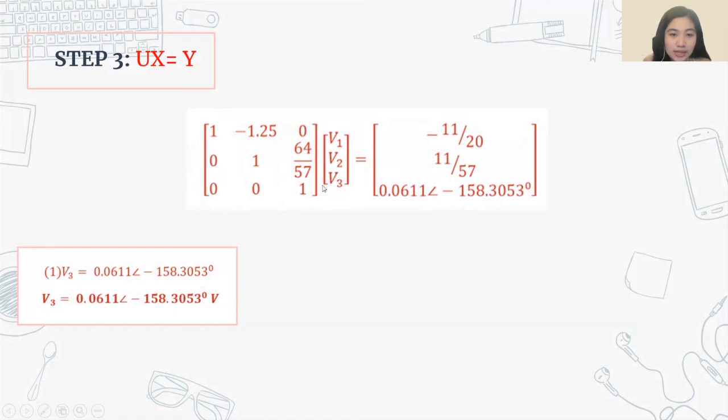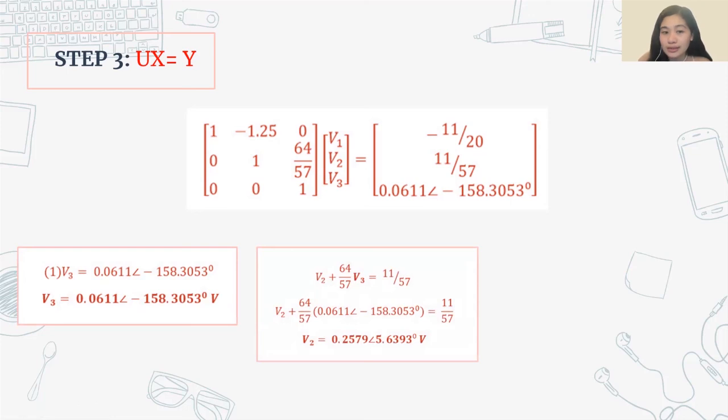So diretso na tayo sa 1 times V3, equivalent dun sa ating kabila which is 0.0611 at an angle of negative 158.3053 degrees. So basically, by means of solving for the equation, our V3 would be equivalent to the same value, which is 0.0611 at an angle of negative 158.3053 degrees voltage.